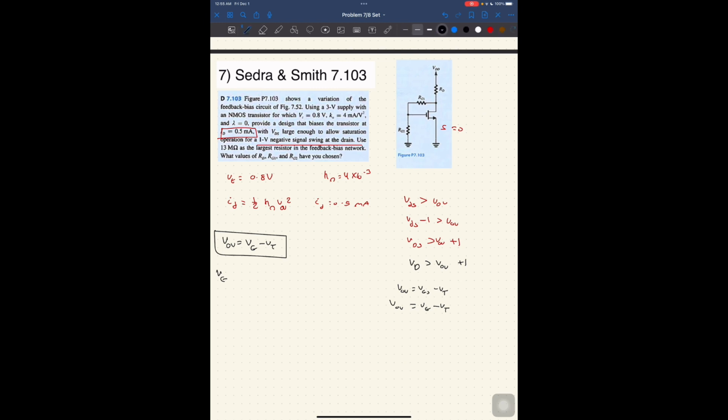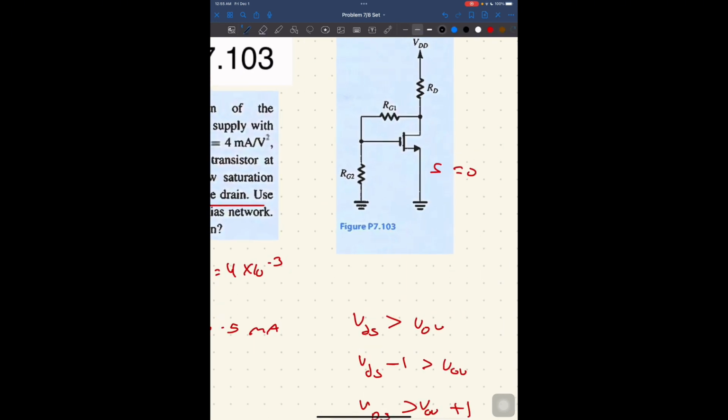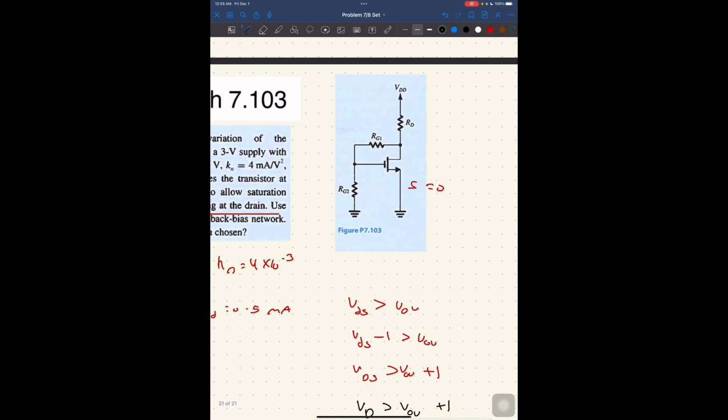This is VG. So VG minus 0 over RG2 plus, if I just did nodal here, would that work out for me? No, probably would not.